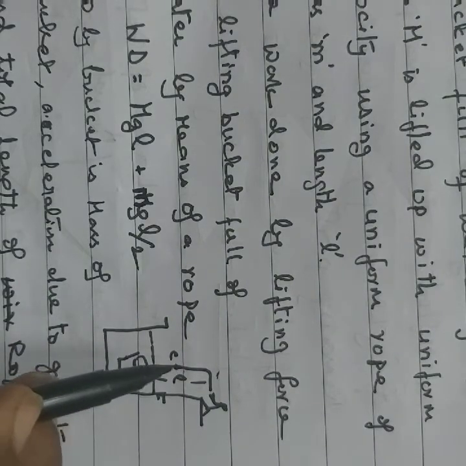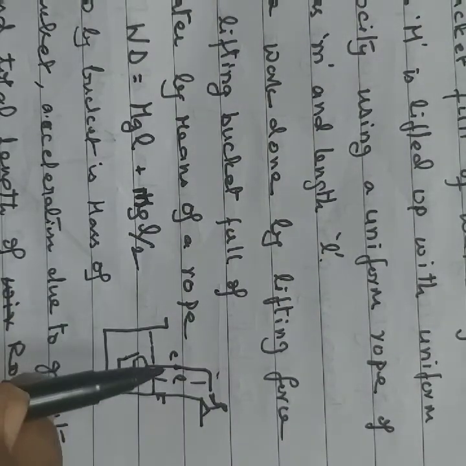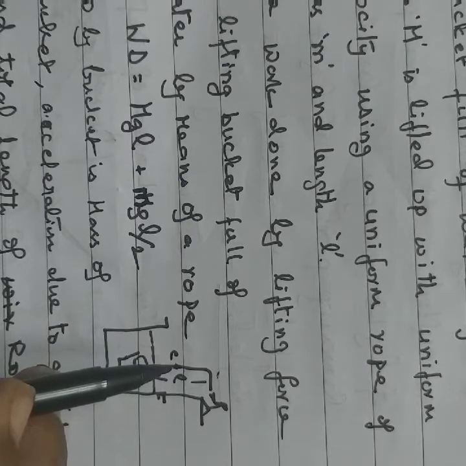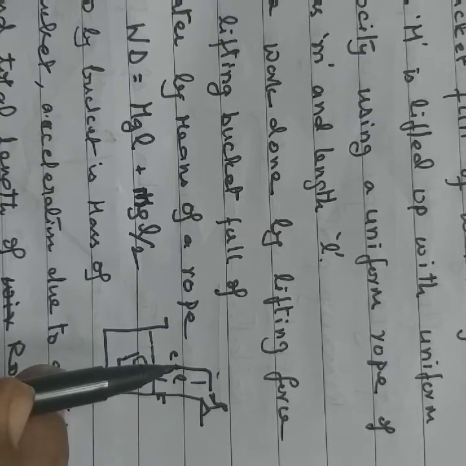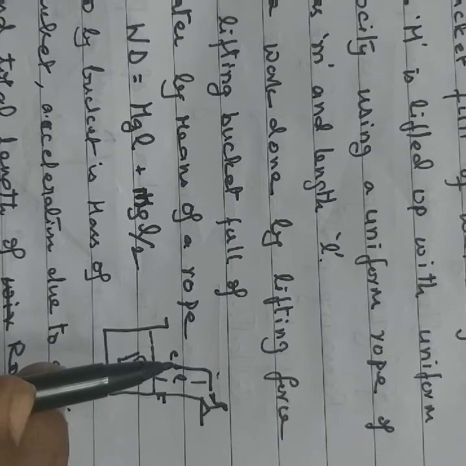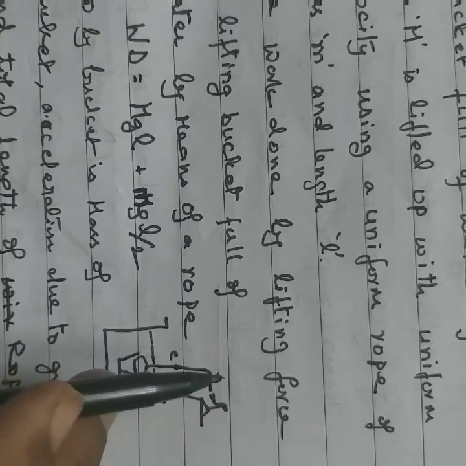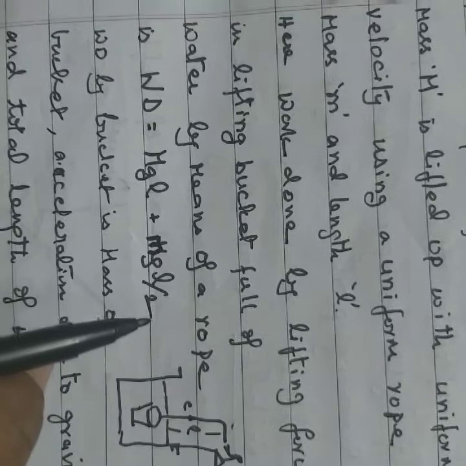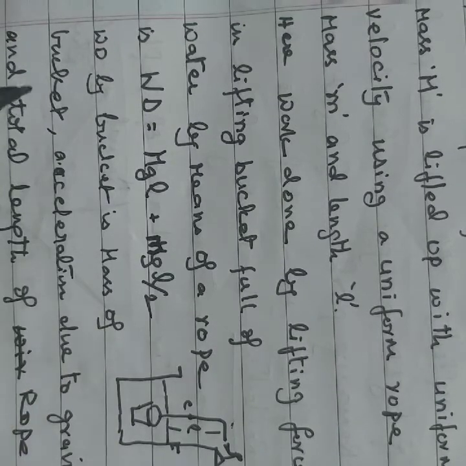That means the rope is also lifting, no? Rope means we consider only the center of gravity of the rope, where the total mass of the rope is considered. So that is at the middle of the rope, that is L by 2. So the lifting of L by 2, H by 2 also we can write, or L by 2. So mg L by 2.